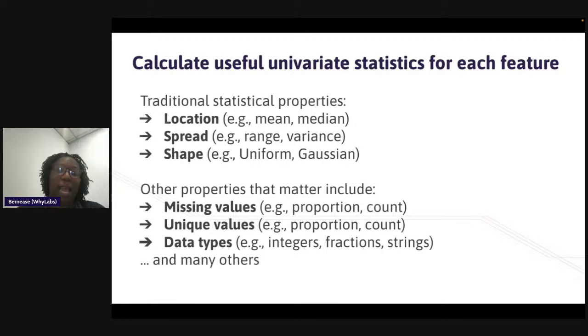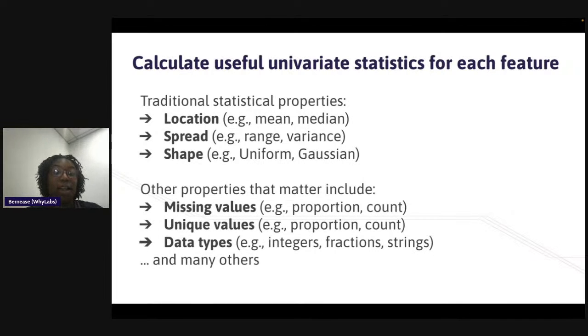Okay, so once we have this sort of numerical data or categorical data, there's a lot of useful statistics that we can calculate on each individual column. So some traditional statistical properties that we're interested in, things like location. So what's the mean, what's the median of our data? Where's that center? And where are the edges?